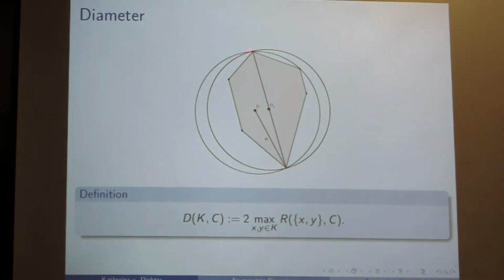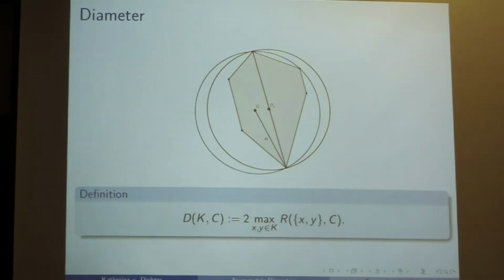What does it mean? We consider two points of this body, and then find the smallest rescaling of the ball so that these points are inscribed in the ball. And two times this radius will be our diameter. Here, you see, the diameter is equal to two times the circumradius.